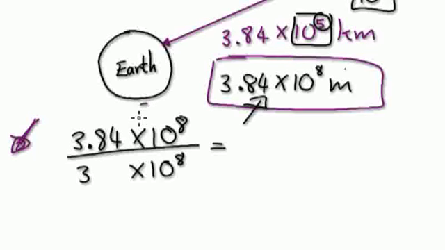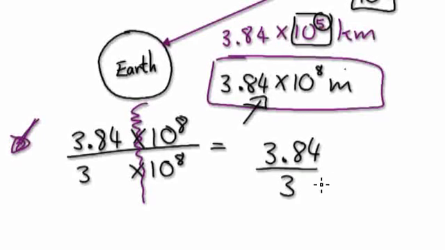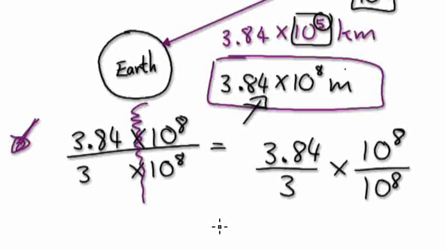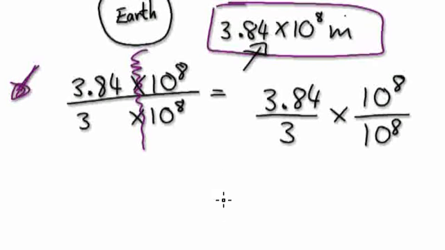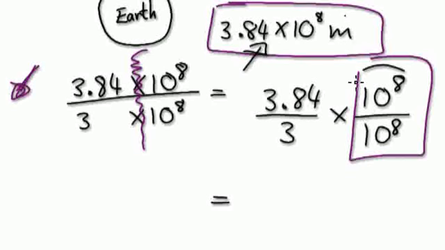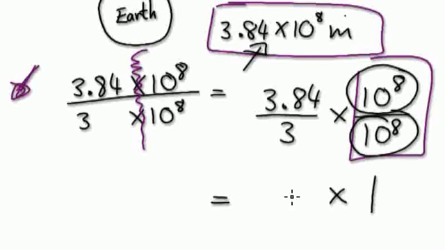Now let's split this fraction up into 3.84 over 3, times 10 to the power of 8 over 10 to the power of 8. Well, this bit here we can do in our sleep. This number divided by this number, they're exactly the same, so it would be times 1.